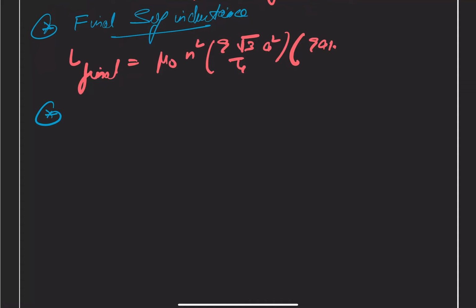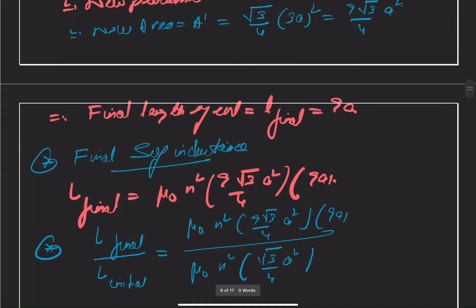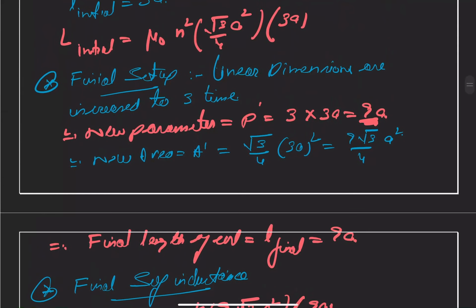L final upon L initial will be equal to mu naught n square, 9 square root of 3 divided by 4 A square, 9 times A, divided by mu naught n square, root 3 divided by 4 A square, and 3A.